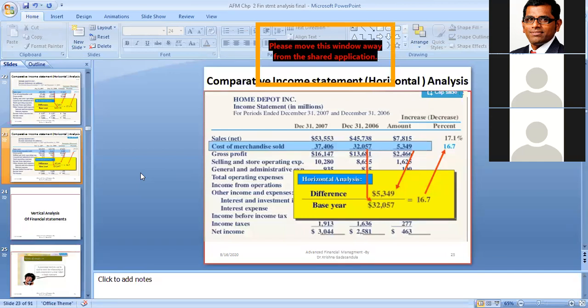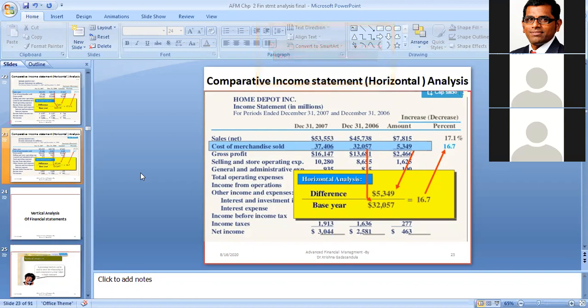Not only two years of the same company, two competitive companies can also be compared. That is also possible, but for the time being we take the same company. It's a good question. When you compare with a competitive company, it would be an effective analysis.